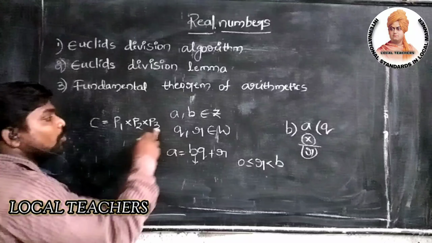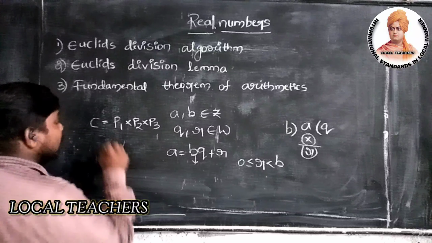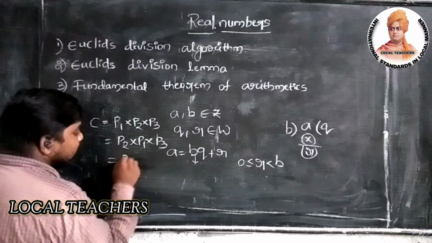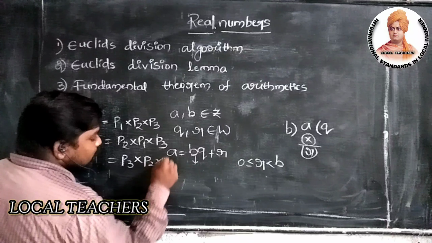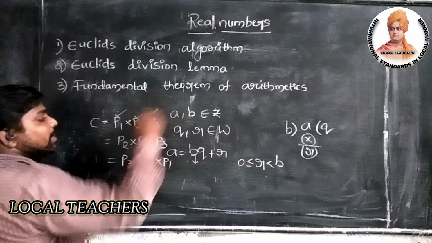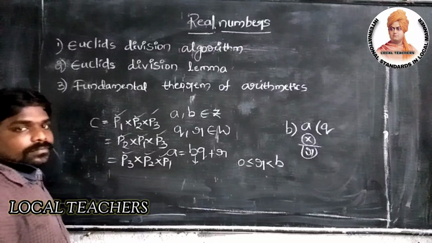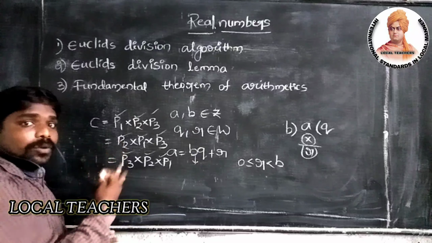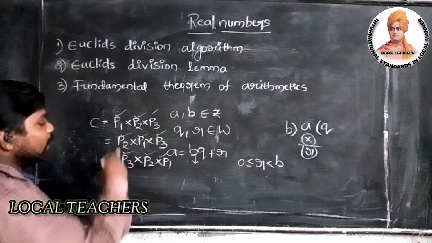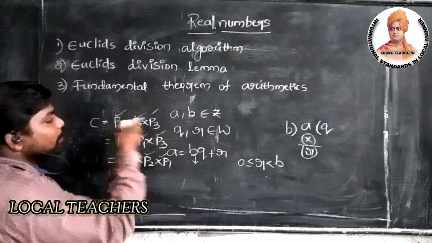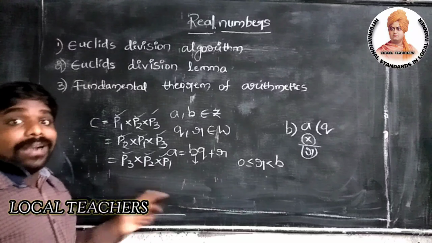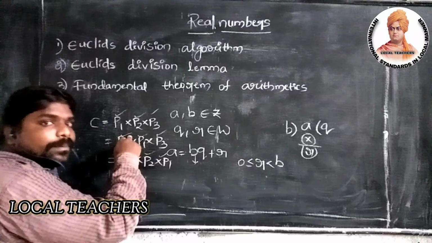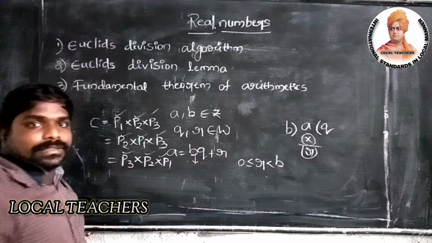P1, P2, P3 will not change. They are unique. But it can be written as P2 into P1 into P3, or P3 into P2 into P1, like that. In every formula, P1, P2, P3 are there. C is equal to P1 into P2 into P3, where P1, P2, P3 are prime numbers and C is a composite number. The order is different: in the first formula, P1 is at the first place, in the second, P2 is at the first place, in the third, P3 is at the first place.